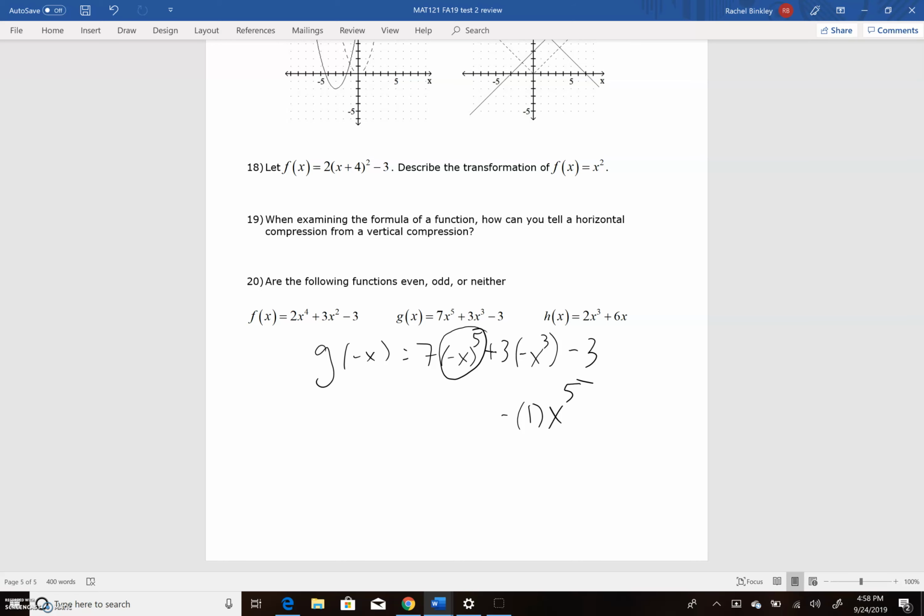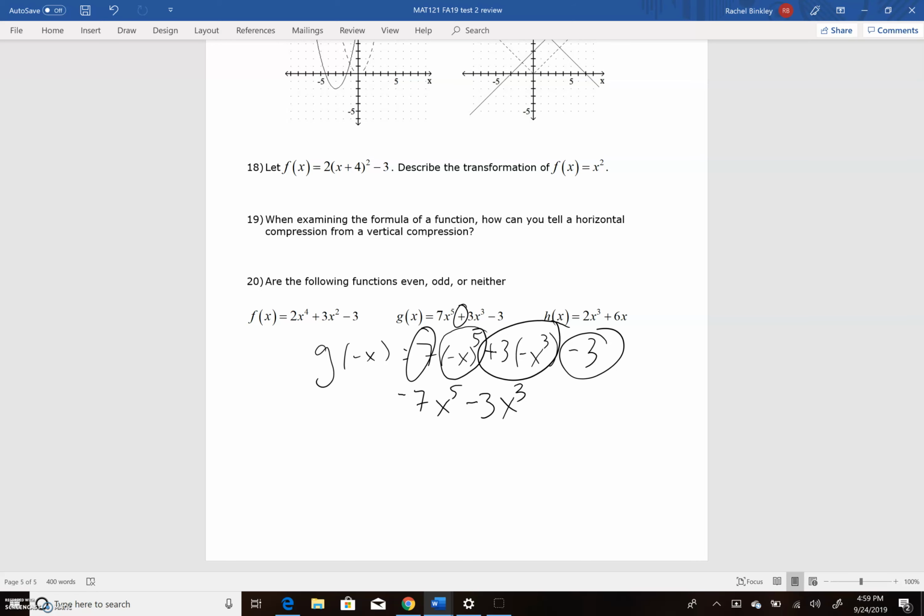So then we can make that negative 7, because negative 1 times 7 is negative 7x to the 5th power. So what has happened is our positive 7 has become negative 7. The same thing's going to happen here, so it's going to be minus 3x cubed.